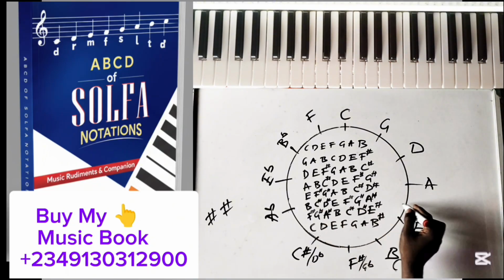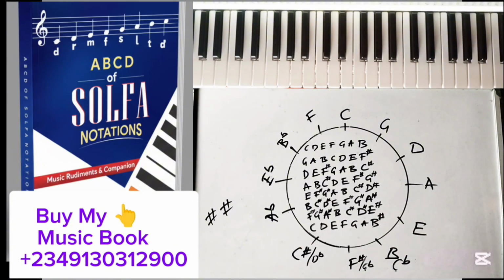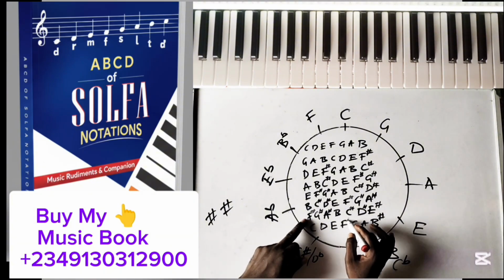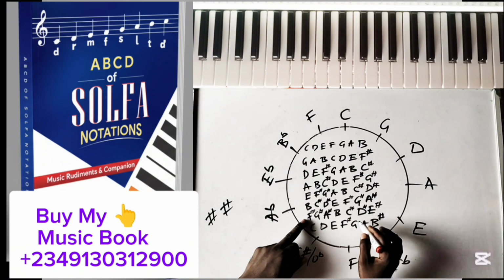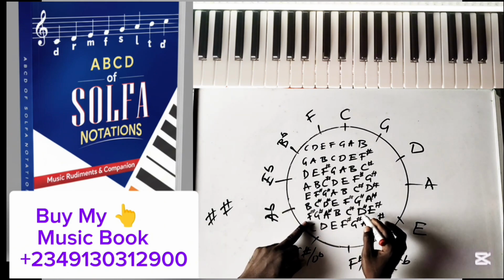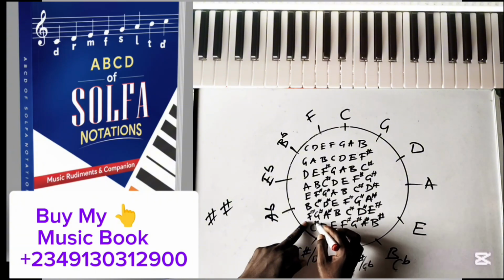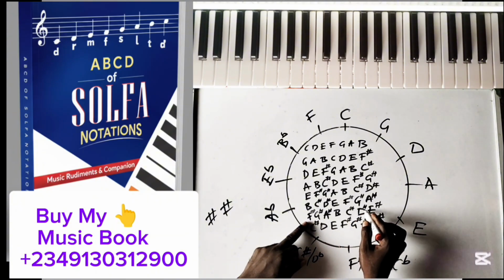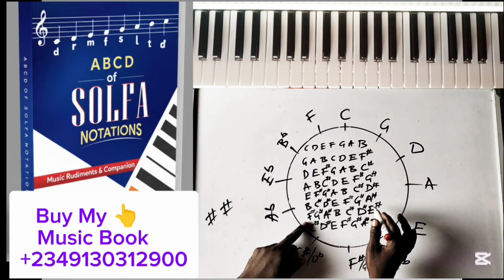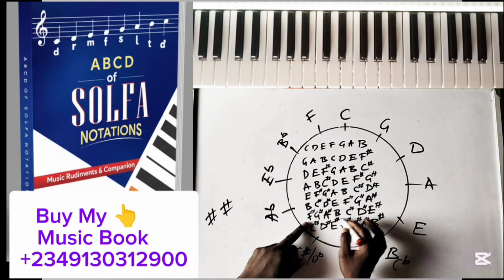Let's add the previous ones that are sharpened. Number 1 is F sharp, 2 G sharp, 3 A sharp, 4 C sharp, which is the name of the key, D sharp, and the E sharp.